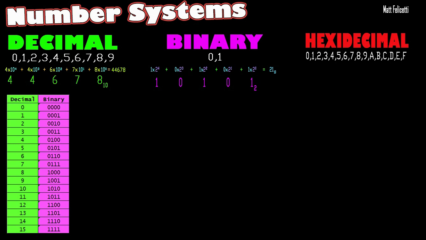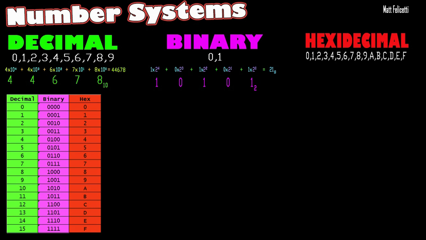In this we have 16 symbols: 0, 1, 2, 3, 4, 5, 6, 7, 8, 9, then A, B, C, D, E, F. This might make a little bit more sense if we put this into our table. We can see here, for example, the number 10 in decimal is equivalent to A in hexadecimal, or 12 in decimal is equivalent to C in hexadecimal.